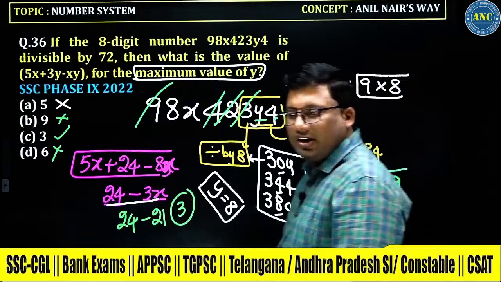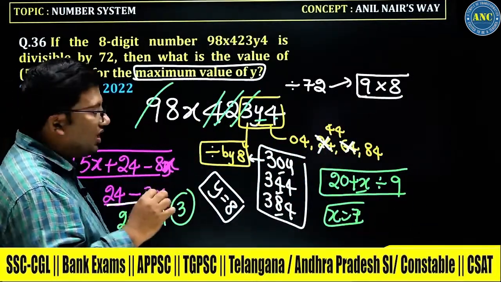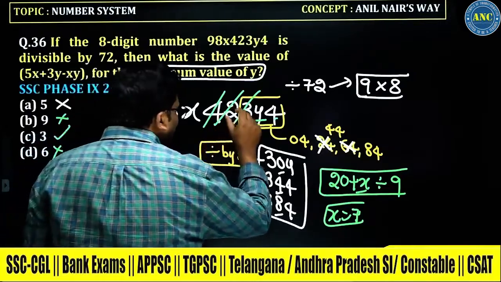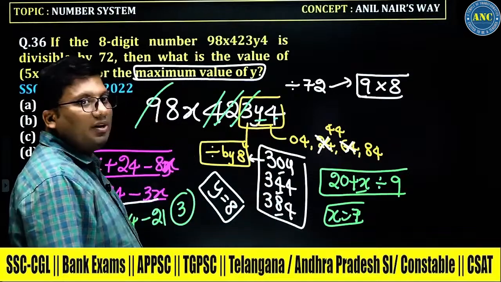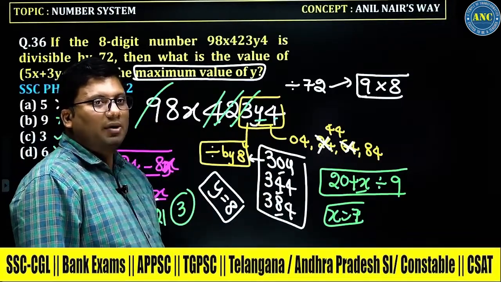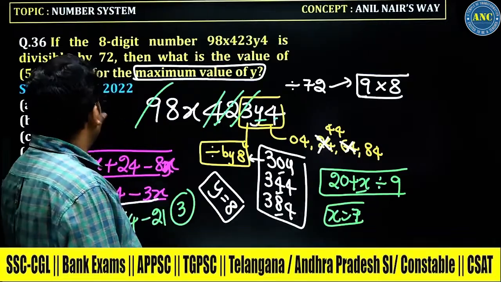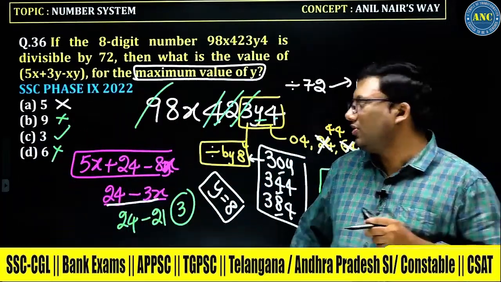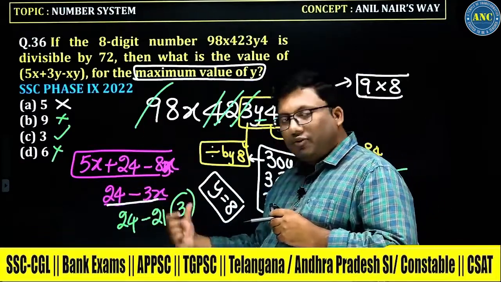Very, very good question, sir. A little, logically, time consuming question. First, I found the maximum value of y which will make 3y4 divisible by 8. The value I got is 8. Wherever y is there, I substituted 8, so this becomes 3 8s are 24 minus 8x, 24 minus 3x.